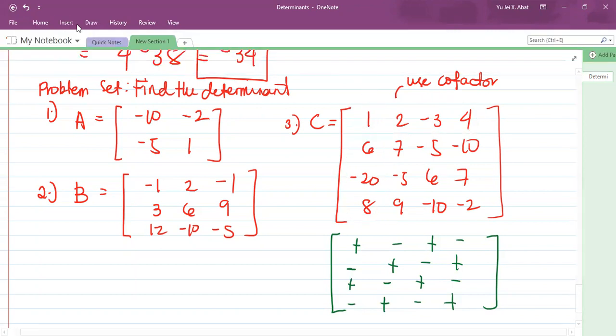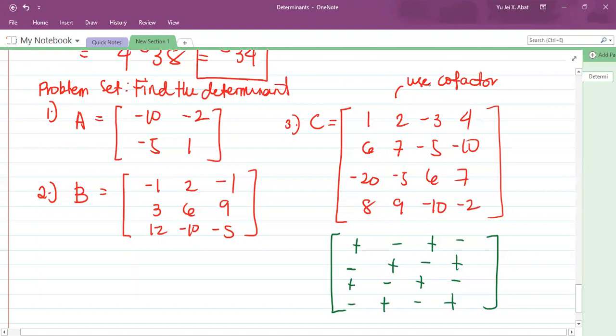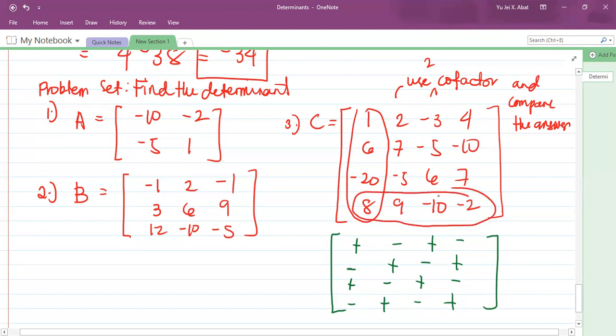Tapos, ang requirement ko pala dito is that use two cofactor and compare the answer. Siyempre, kapag gumamit ka ng dalawang cofactor, kunwari, ito yung unang ginamit mo. May other solution dyan. Tapos yung next, ito na ginamit mo. May isa pang solution dyan.